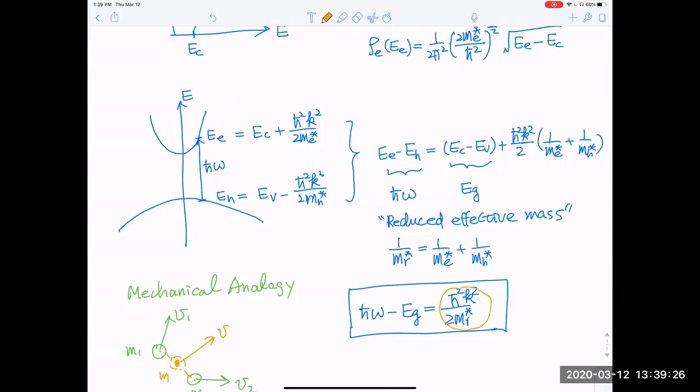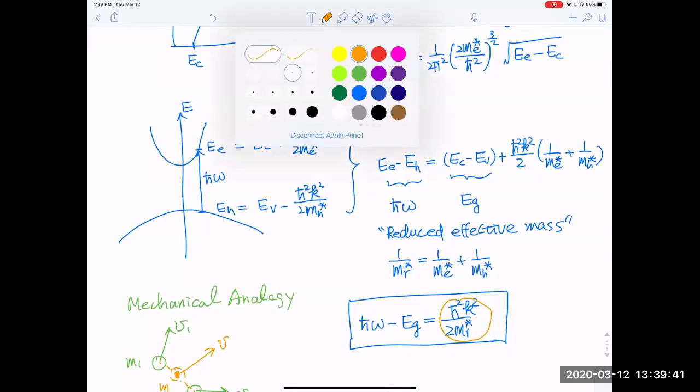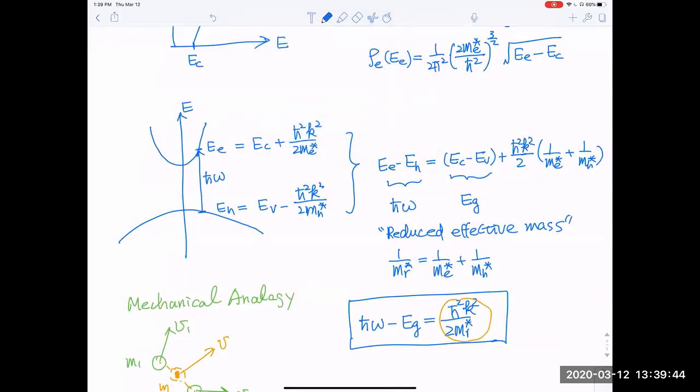It's all quadratic dependence. So when we are counting states, we're basically counting the number of k states available in the momentum space. So without derivation, I can simply write these effective reduced density of states.